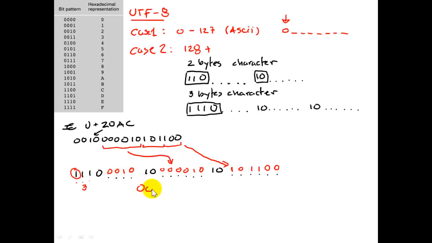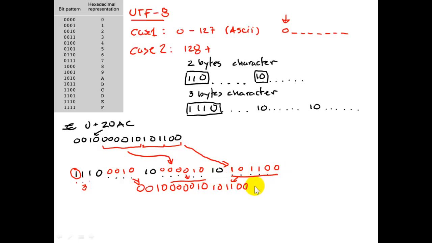So 0, 0, 1, 0 coming from here, plus 0, 0, 0, 0, 1, 0, okay, which comes from here. And finally 1, 0, 1, 1, 0, 0, which is the data coming from here.